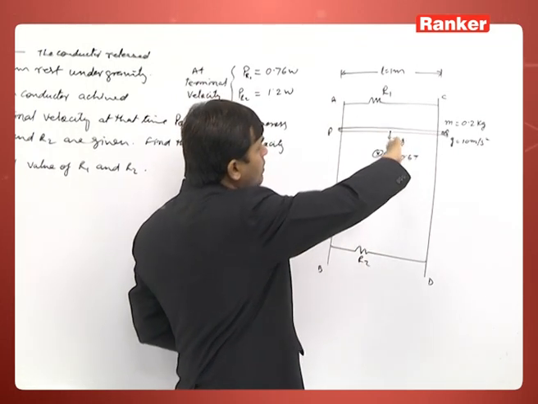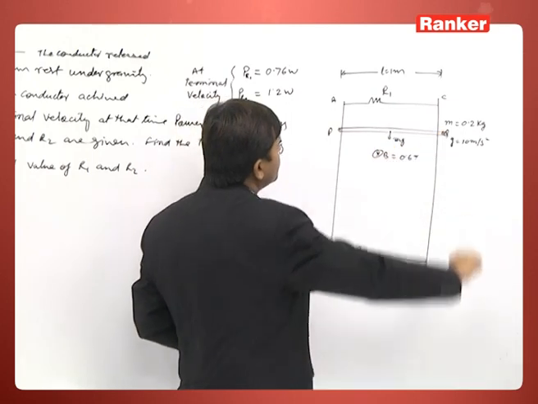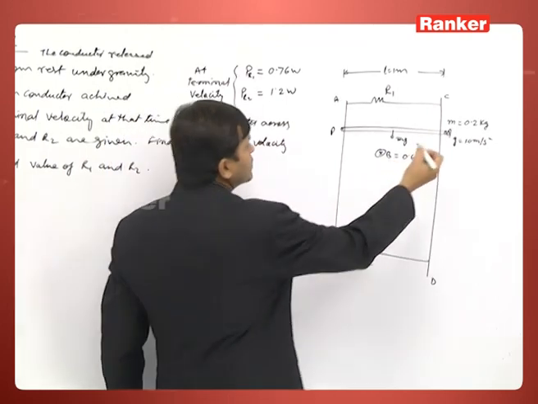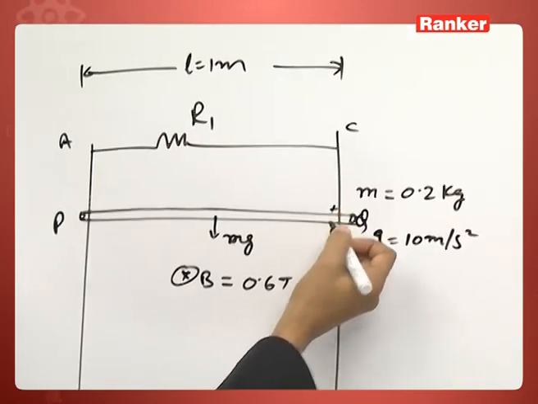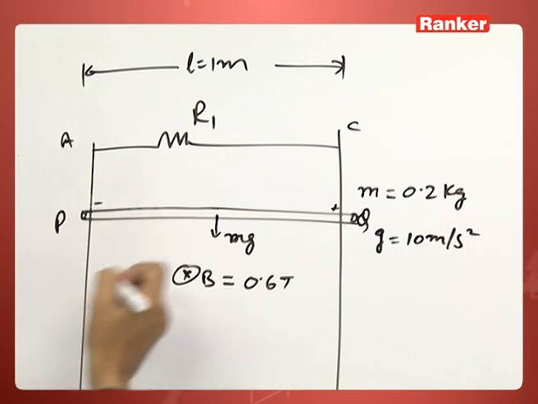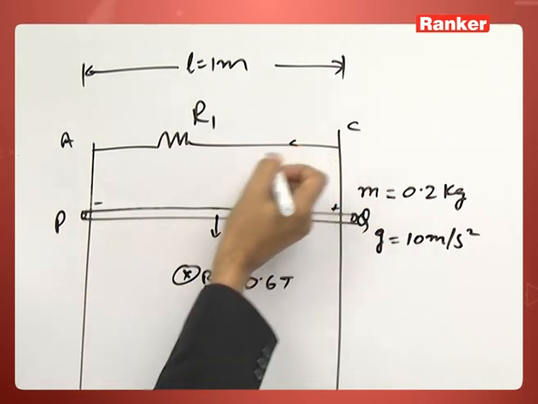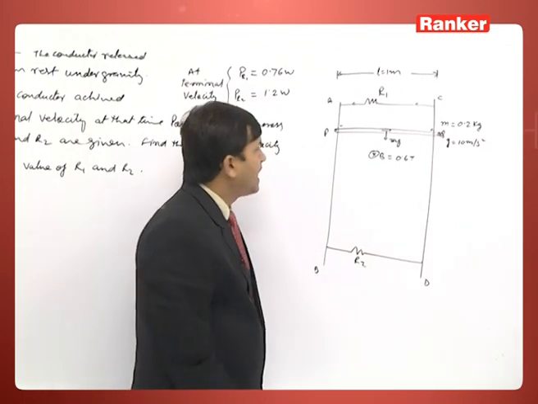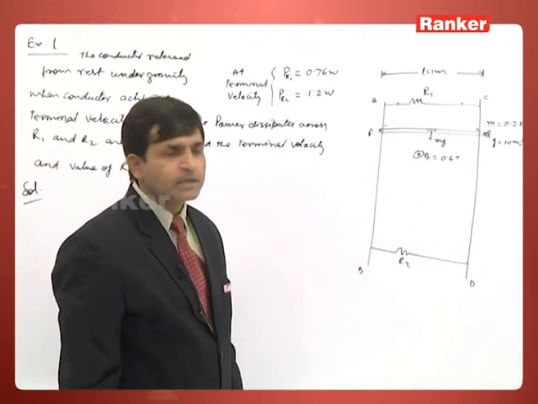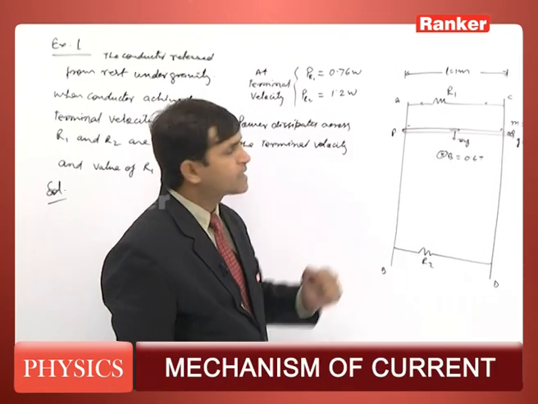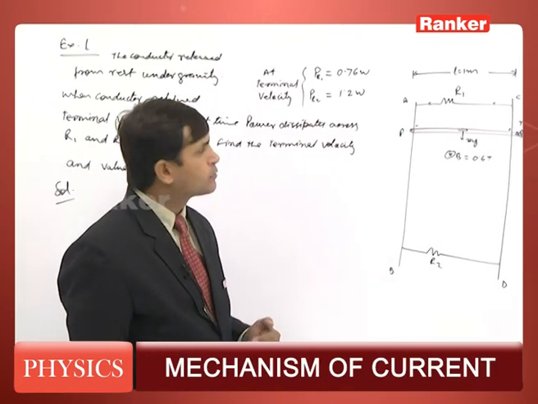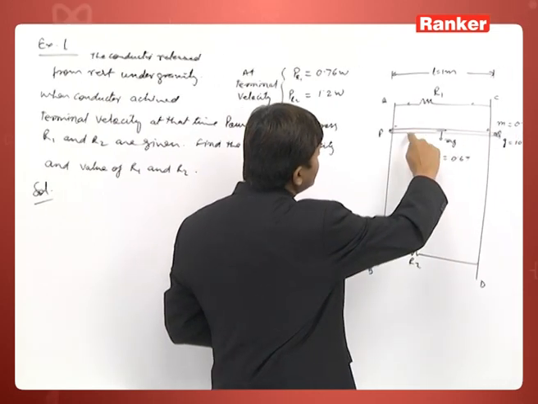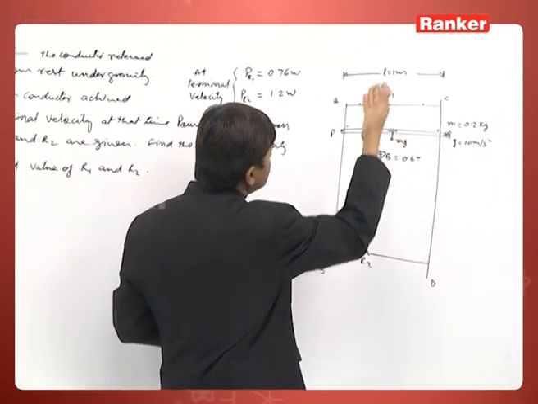So according to the rule, the Q terminal will be at higher potential than P. As Q is at higher potential than P, the current will flow in this direction. As soon as current starts flowing, this conductor experiences a magnetic force also. The magnetic field is inward, the current is rightward, so the magnetic force is upward.